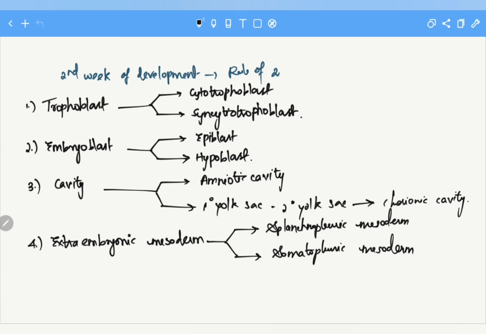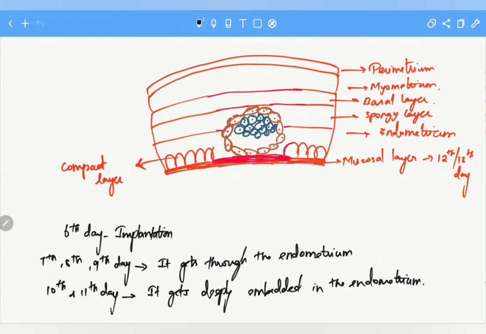So we already discussed all the things that happen during the 8th, 9th, 10th and 11th day in the endometrium. Now we are here to discuss what happens to the blastocyst from the 8th day onwards.